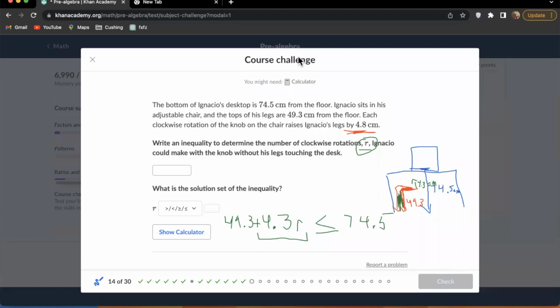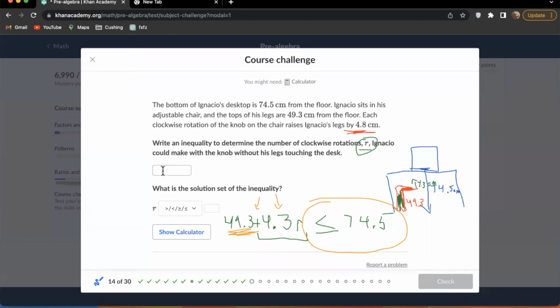I'm hoping this is making a little sense: the height of his legs needs to be under 74.5, because that's when it's going to reach the top. How high are his legs? His legs start at 49.3, but then they add 4.3 centimeters per rotation. So 49.3 plus 4.3 per rotation has to be less than 74.5.